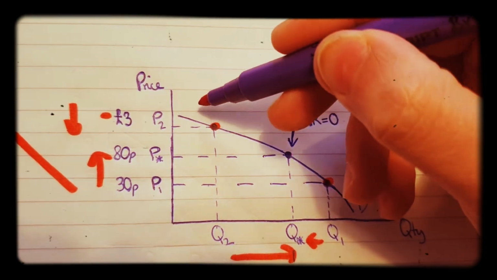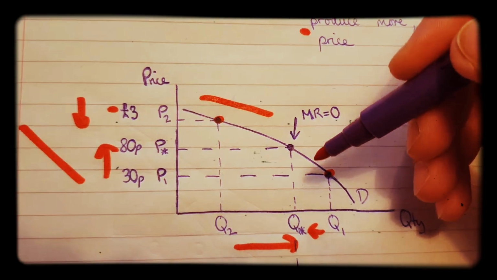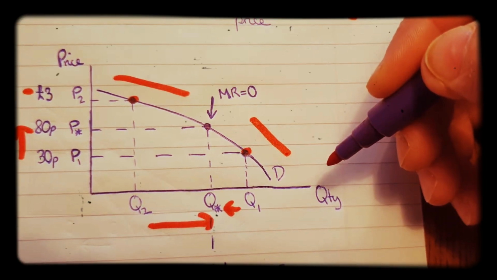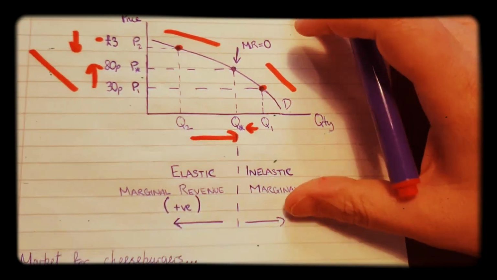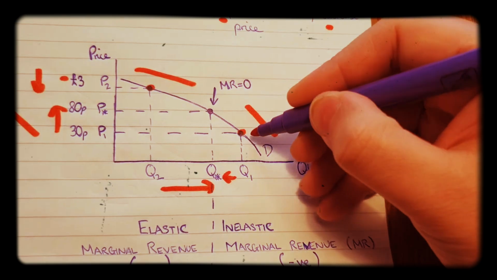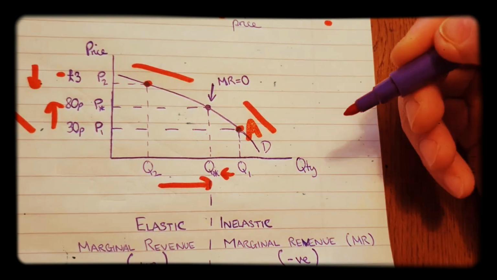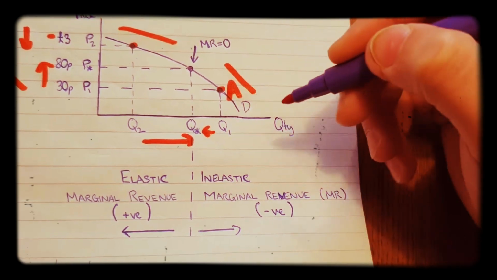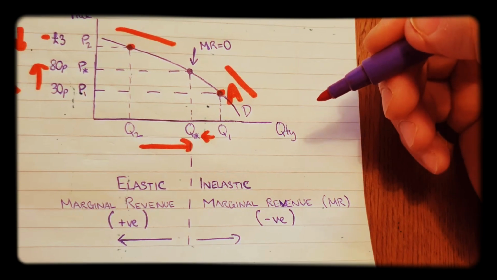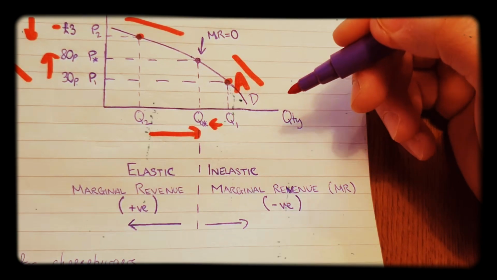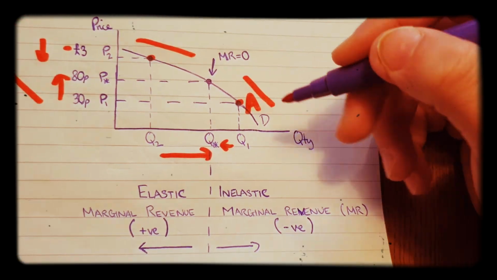So here it's kind of elastic, and then down here it's more inelastic. Okay, so what would you do? Well, this is what you should do. When you're here at, let's say, point A, the demand at this point is inelastic. Okay, so you should be increasing your price and decreasing your output so you can make more revenue.